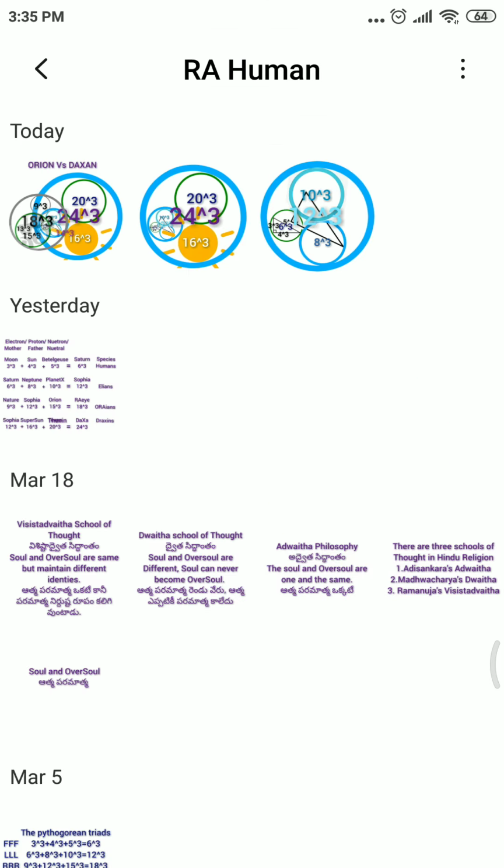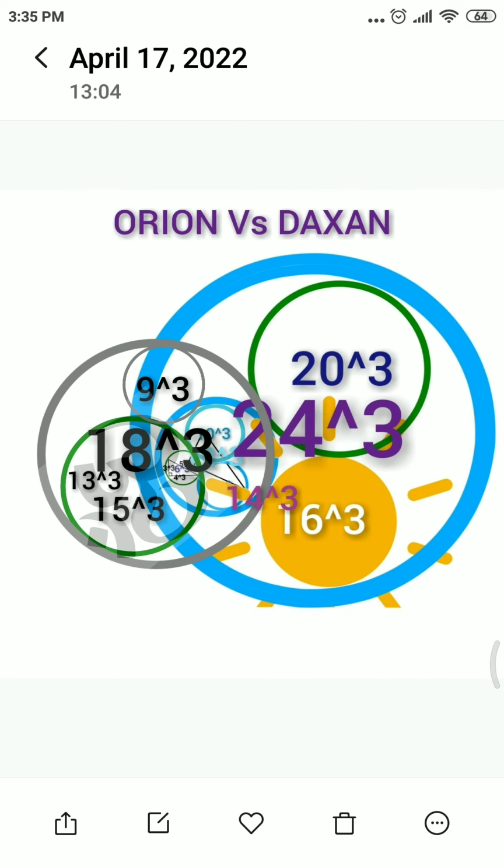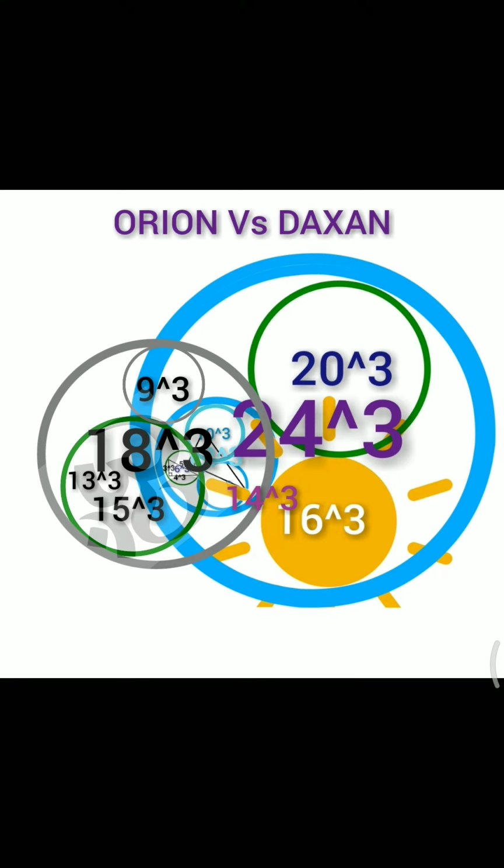So if you look at the whole holistic perspective, in fact, I represented the missing third triad here. This is 9 cube, this is 12 cube, this is 15 cube.